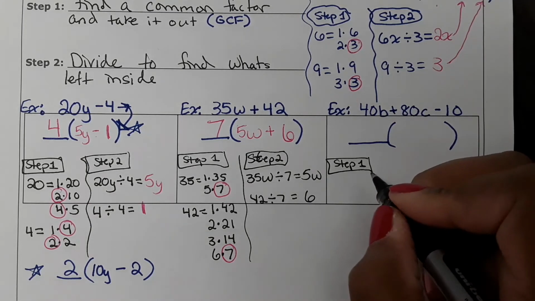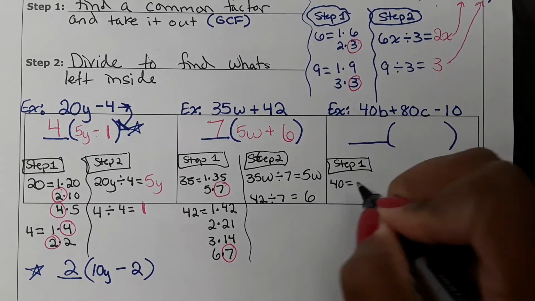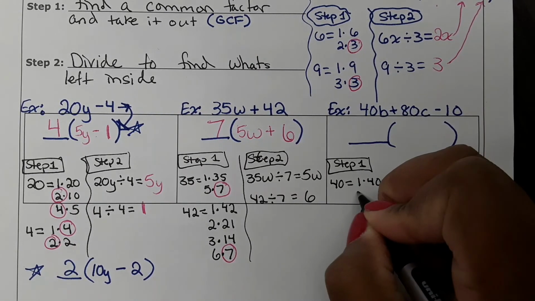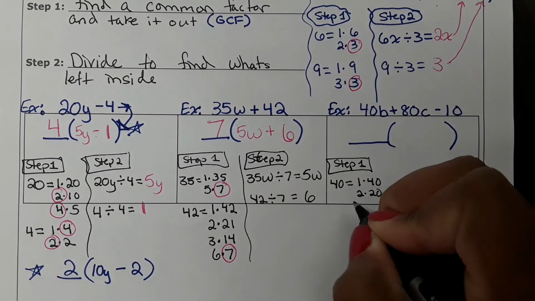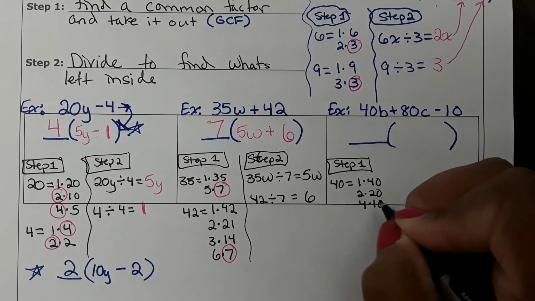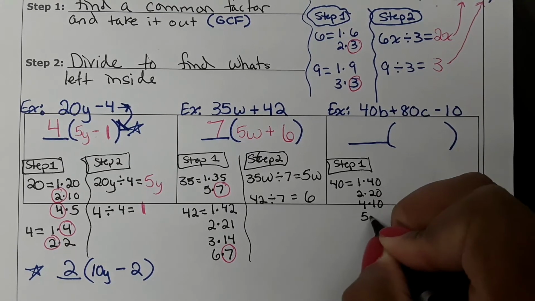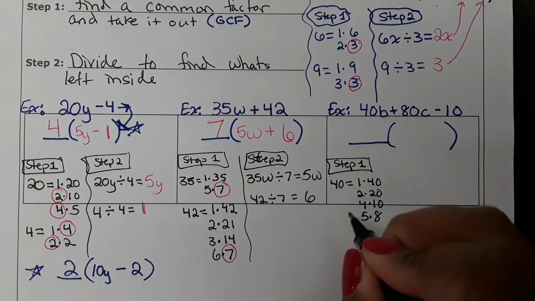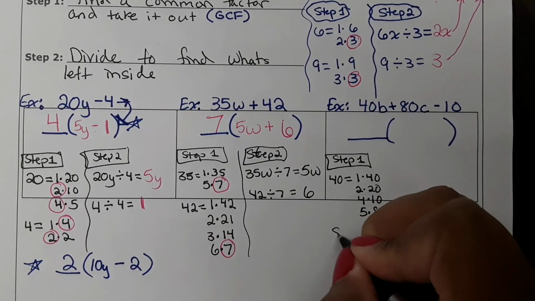Here we go. Let's start with 40. What times what gives us 40? All right, so we have 1 times 40, 2 times 20, 4 times 10, 5 times 8, and that's it. And now we're looking for what times what gives us 80.